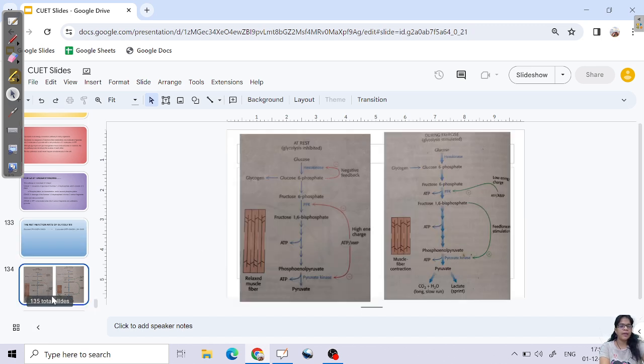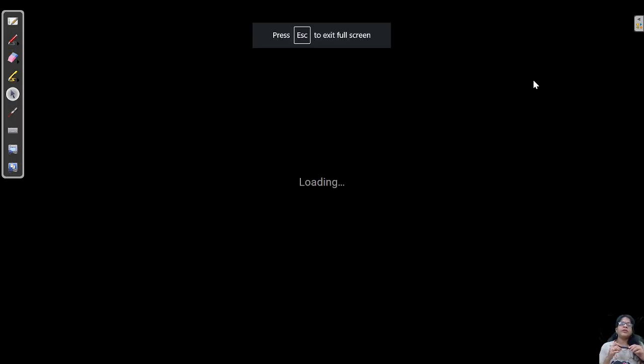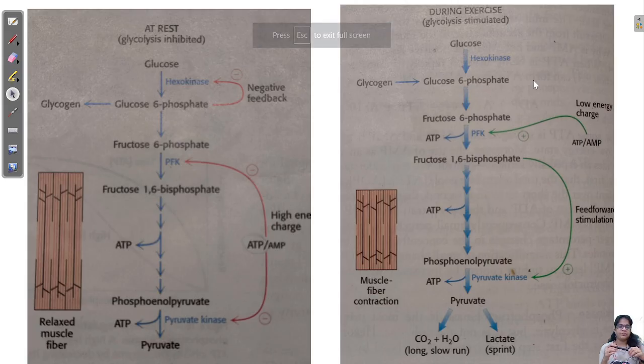So let's see what happens here. You all know that when you are in need of energy, like if you are doing some exercise, glycolysis should happen, right? Only then the glucose in your body gets converted into ATP, and you will be regenerated with energy, and you can perform the work, right?